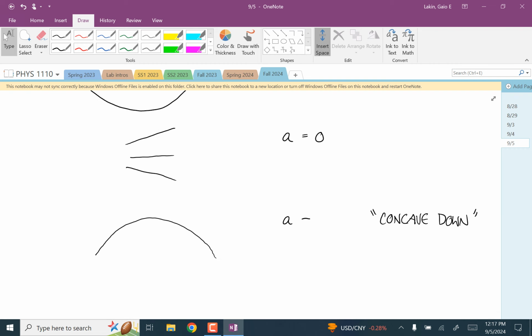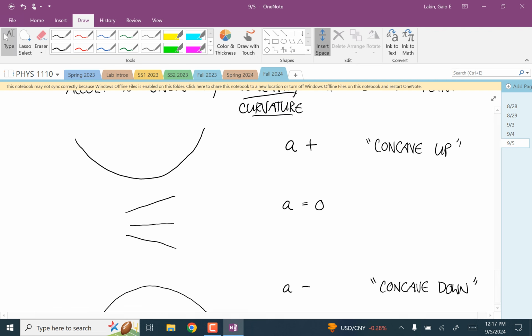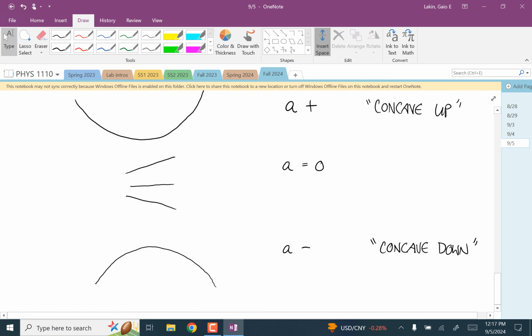So that's still how I remember it now that I'm 51. You also can remember positive or negative because this is like the mouth representing someone's attitude: a positive attitude, a negative attitude. You're on your own for remembering the line part, but the line has no concavity at all, so that's 0 acceleration.